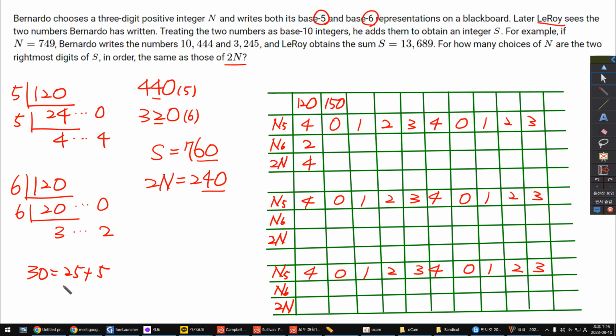And how about the base 6 representation? Because 30 is 5 times 6, that means the second digit will increase by 5. But because we are using base 6, adding 5 is like subtracting 1, because it cycles with 6. So we can subtract 1 from the second digit.